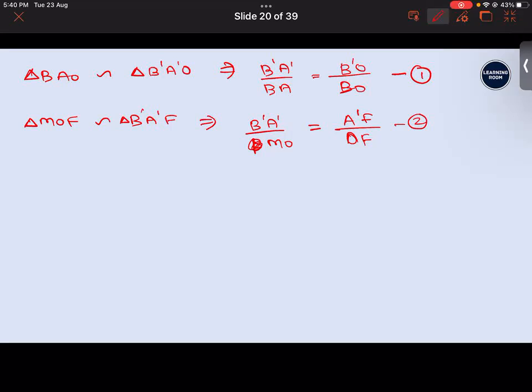But if you look at the diagram, what is it that you're able to observe? BA is equal to MO. Are you able to observe that? Is BA equal to MO? Yes or no? Right.